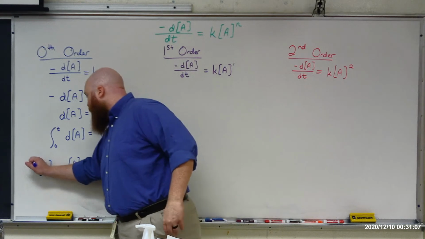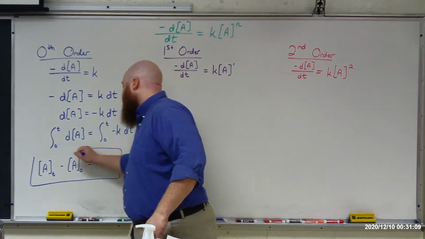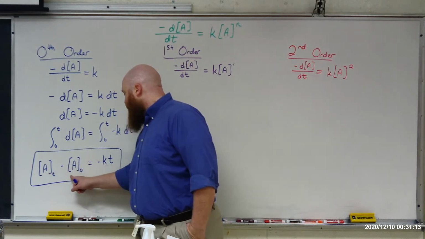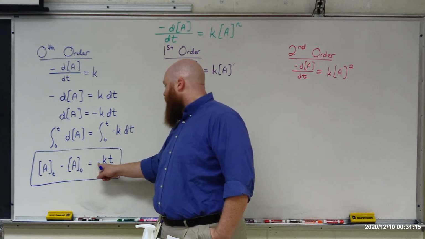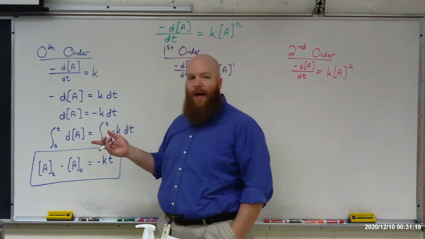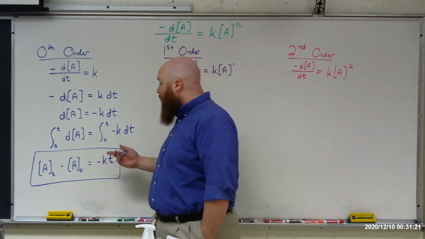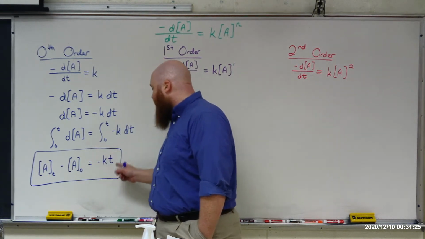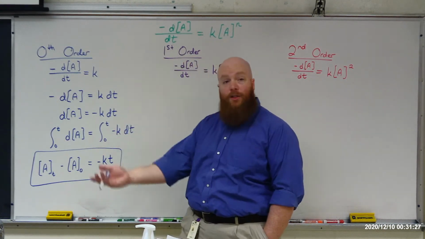And we have found our change in concentration is simply equal to the negative of the rate constant times the amount of time that's passed, which again should make sense. The change here does not depend on any initial concentration or any concentrations at all.